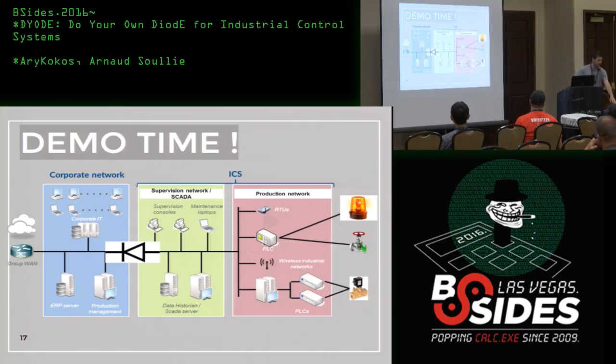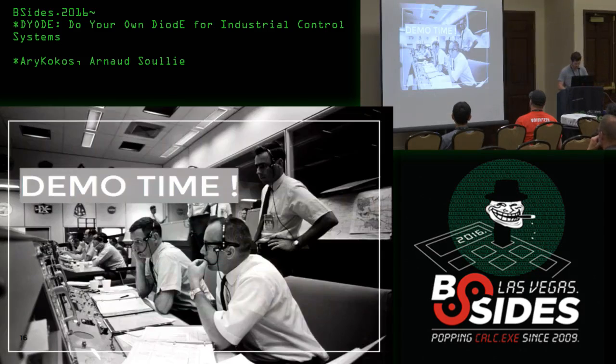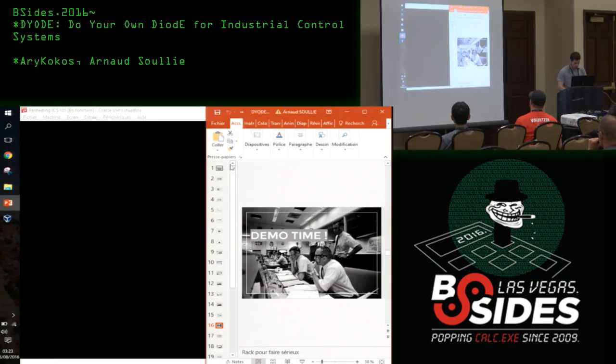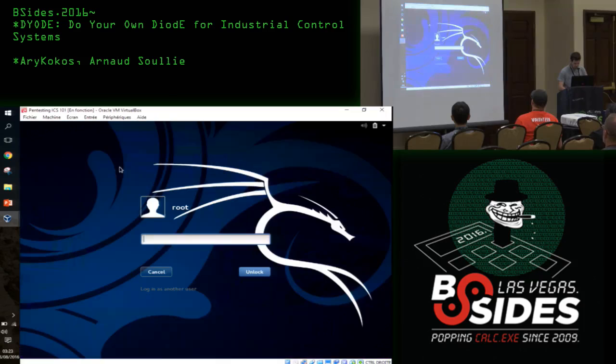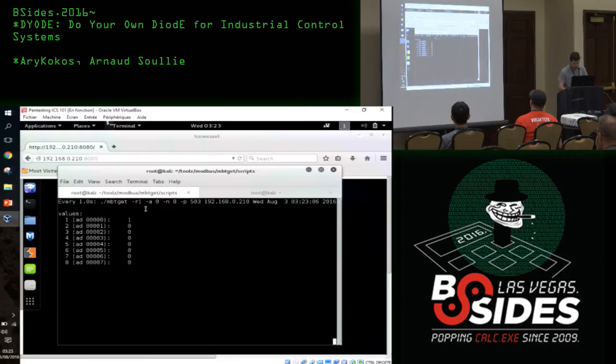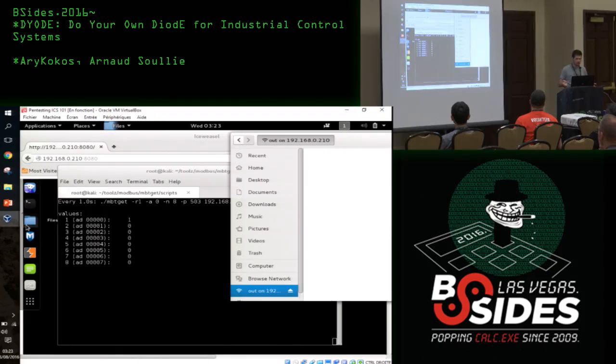And between the two, we have the data diode that is just here. Okay, so the first thing I want to show you is how to transfer a file. That's the first feature that we did, the ability to transfer a file.